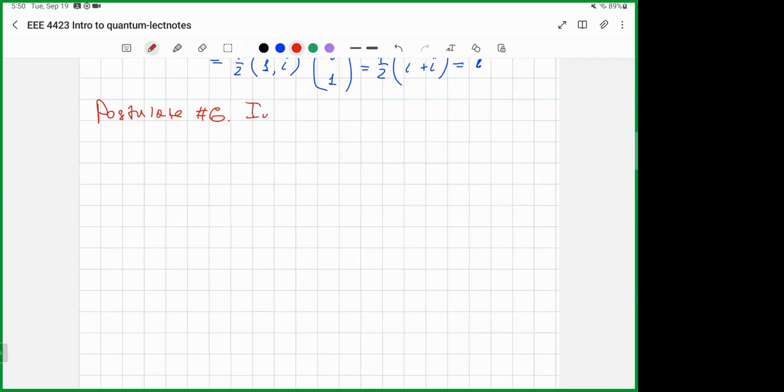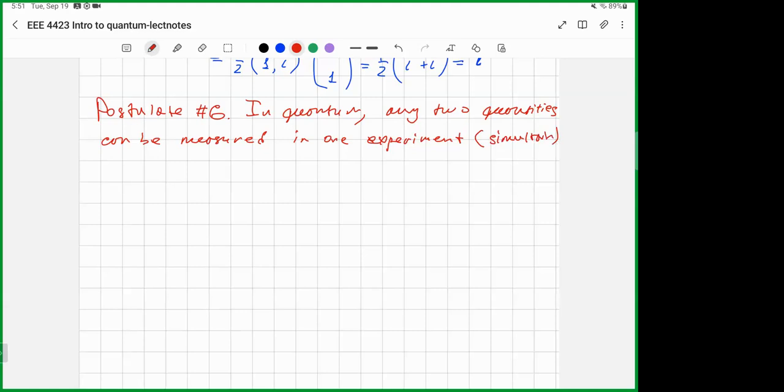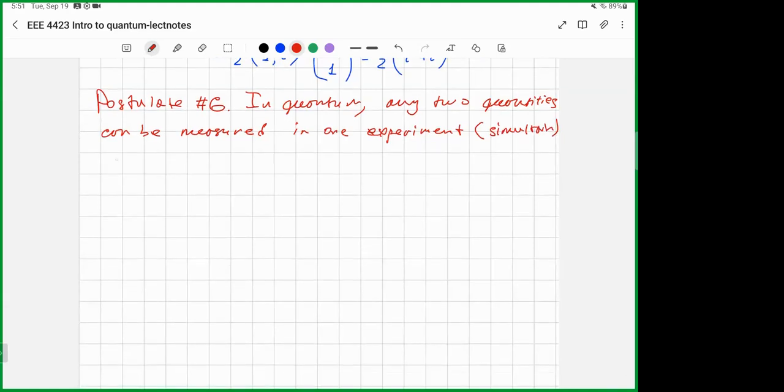So let us express it this way. In quantum mechanics, any two quantities can be measured in one experiment, or simultaneously, if their operators commute.